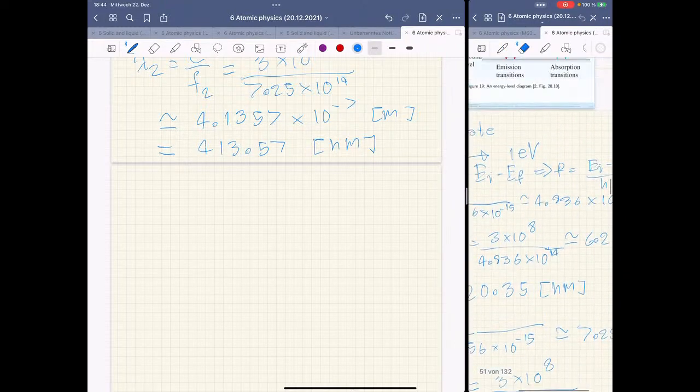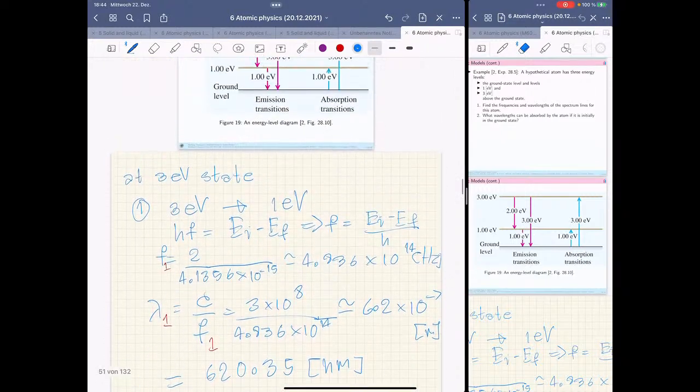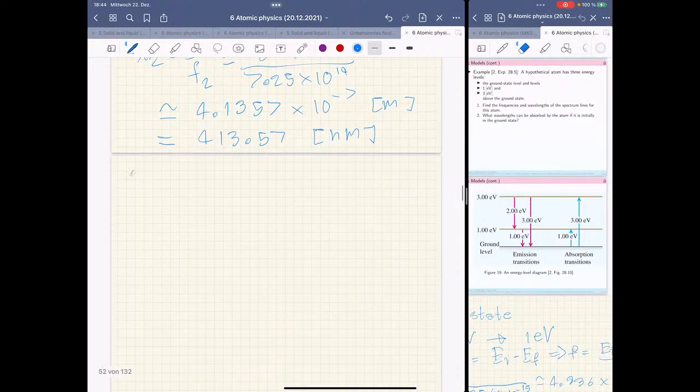For the 1 eV state, we have the 1 eV state, number 2, to the ground state or 0 eV.